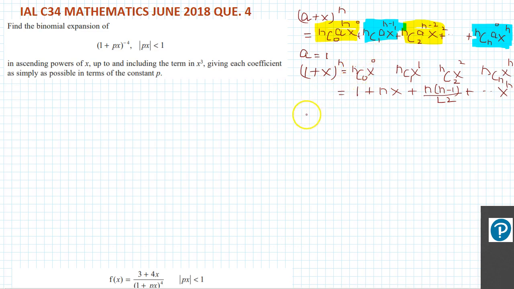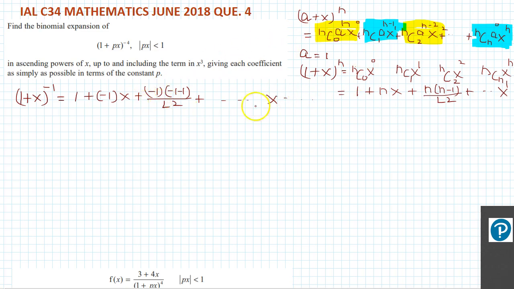Now if n is equal to minus 1, let me write it here, if we have (1 + x) to the power minus 1, this is 1 plus n, which is minus 1, x plus (minus 1)(minus 1 minus 1) over factorial 2, x squared, and so on.